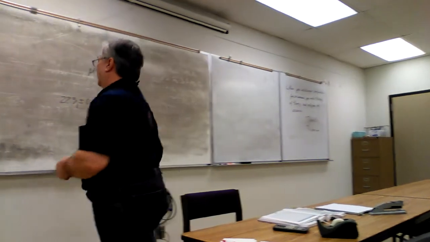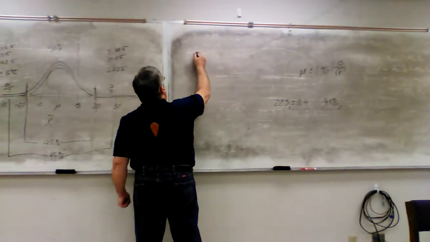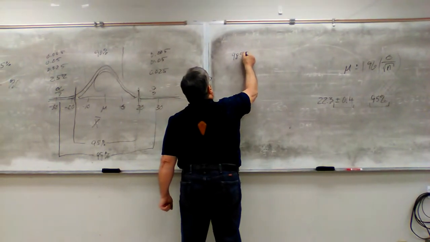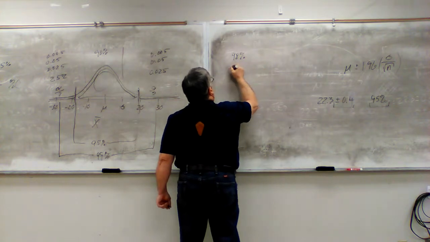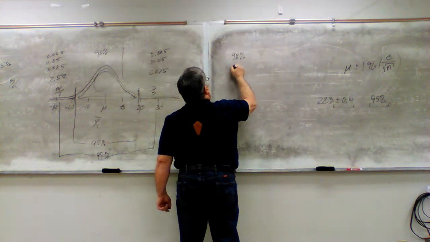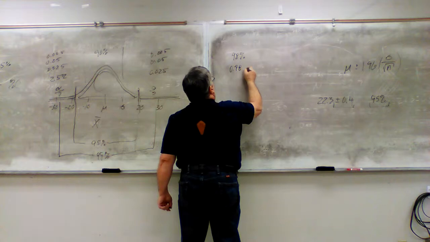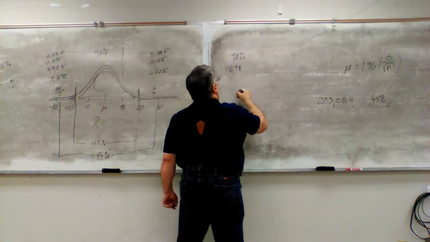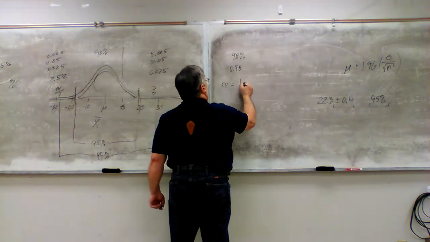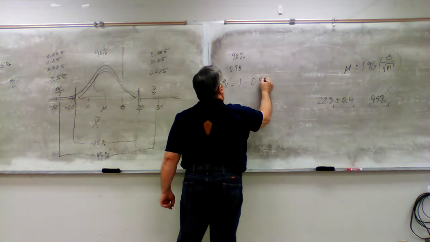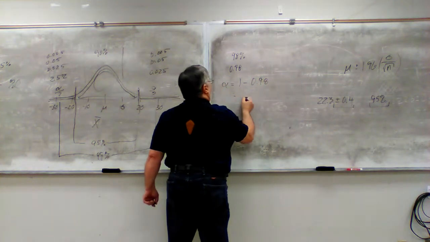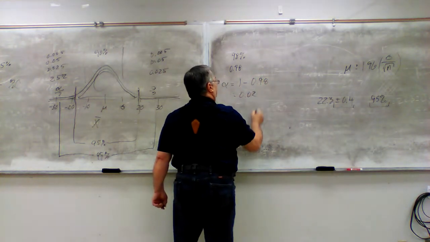Okay, look, if we're going for a 98% confidence level, that means we have 0.98, and alpha then equals 1 minus 0.98, which is equal to 0.02.